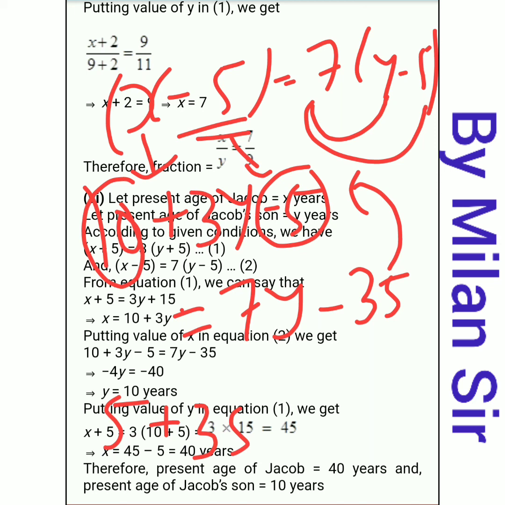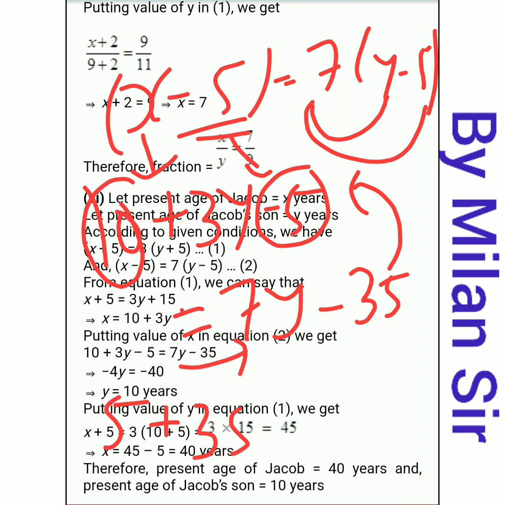So I want my 7y to be positive. Right now it is already positive on the right hand side, so my other terms which contain y and which are smaller than 7y, I need to transfer to the right hand side. So at last I can get y as positive, that's why.